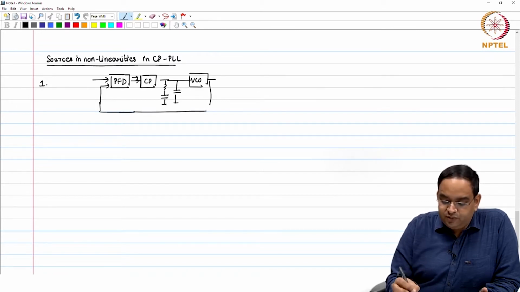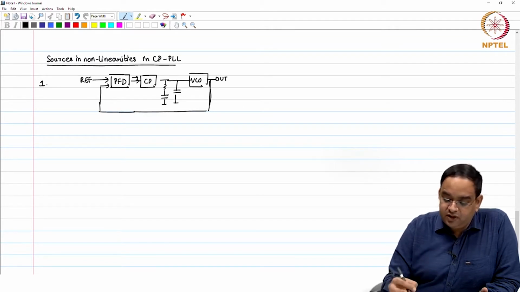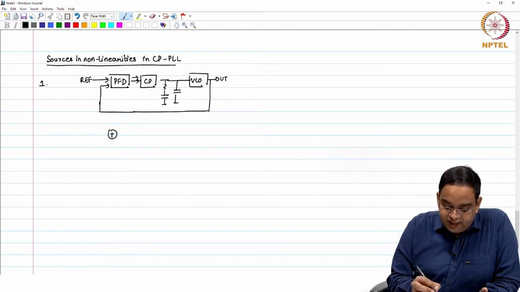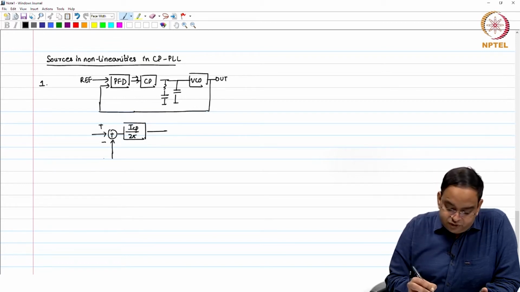What we have assumed in our analysis earlier was the following. So, this has been the reference, this has been the output, and the model of this we have used is a phase error detector with plus minus, followed by the combined gain of PFD plus charge pump, which is ICP by 2 pi, and that goes to the loop filter and so on.